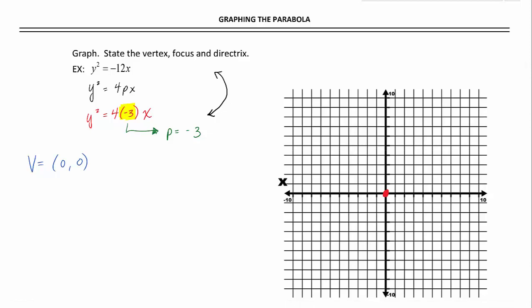Since our parabola is opening to the left, that means that the focus is going to be 3 units to the left because it's inside the parabola, and our directrix is going to be 3 units to the right because our directrix is always behind the parabola.